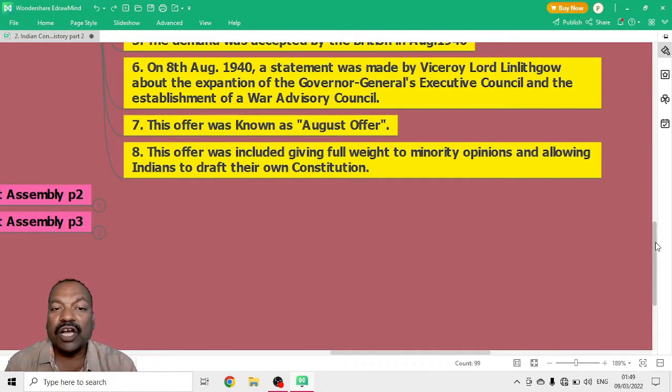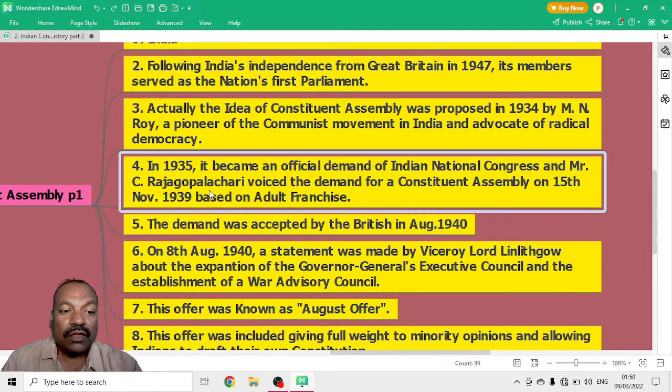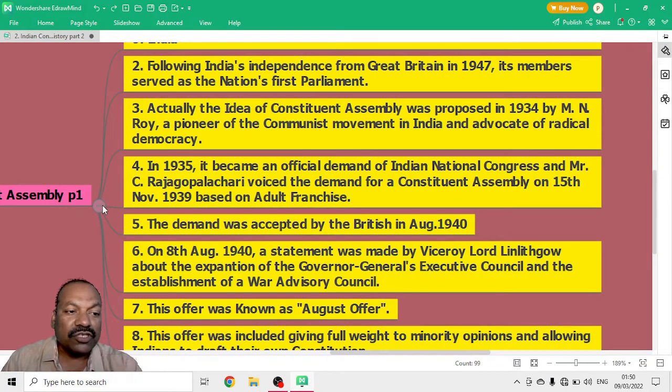This offer was also known as the August Offer. This offer included giving full weightage to the minority opinions and allowing Indians to draft their own constitution. So, for creation of the Constituent Assembly, this was the first phase, which has been treated to be the August Offer.